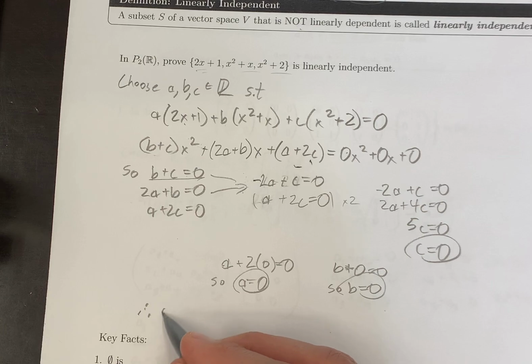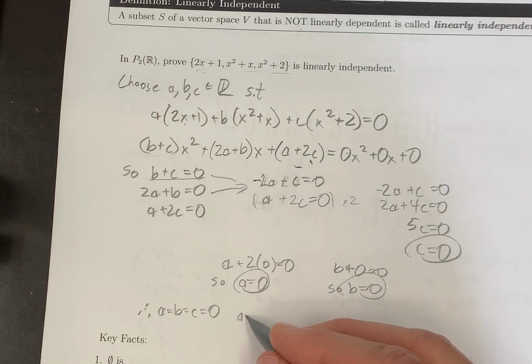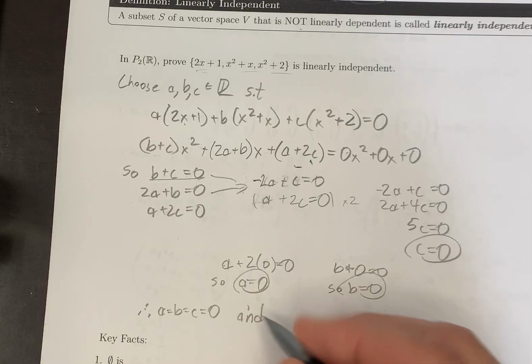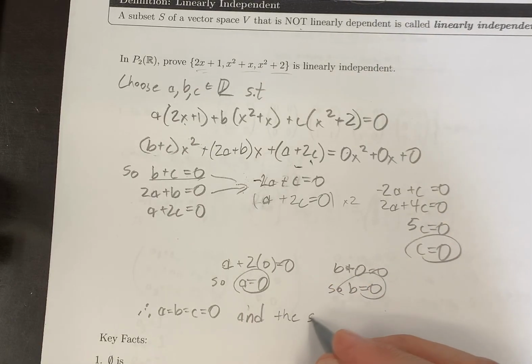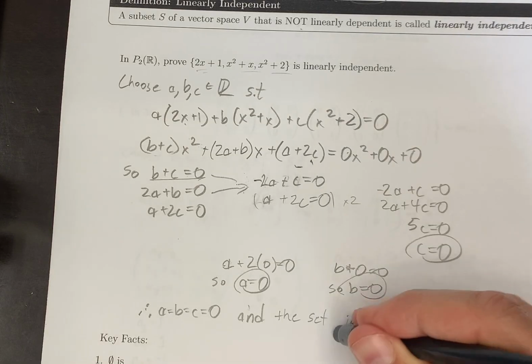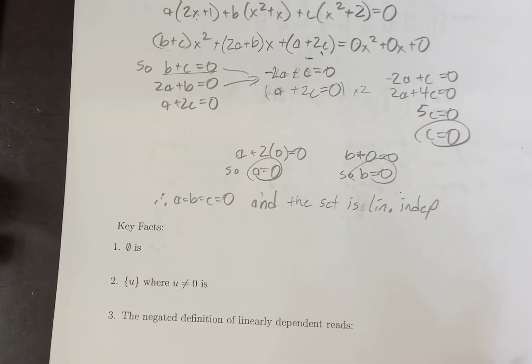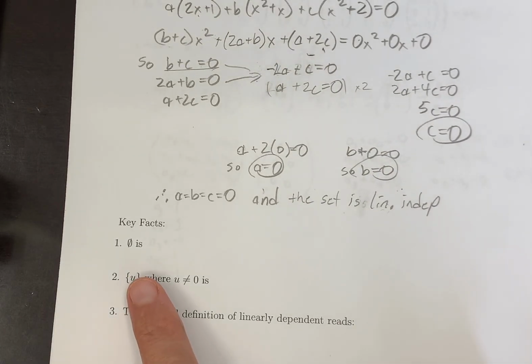Therefore, a equals b equals c equals 0, and the set is linearly independent. That's a little sloppy, but hopefully you can read it. The set's linearly independent. Now, there are some key facts that I want to talk to you about.